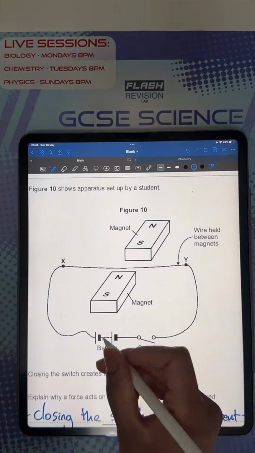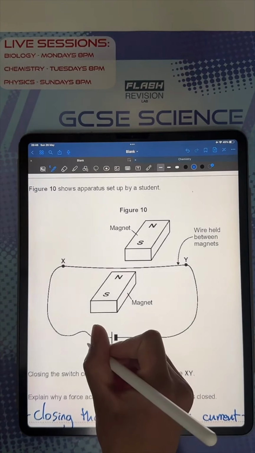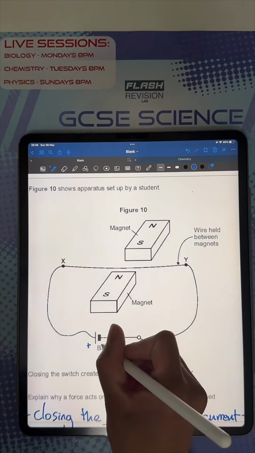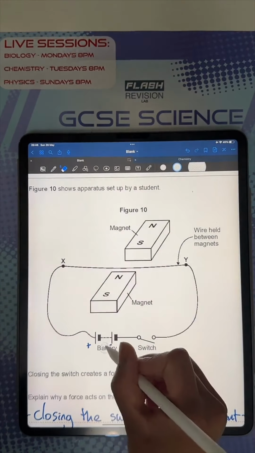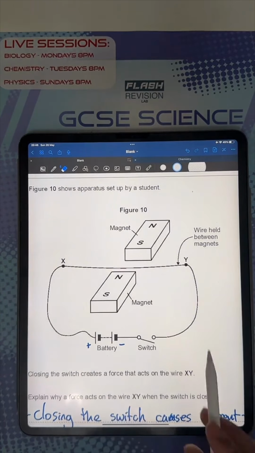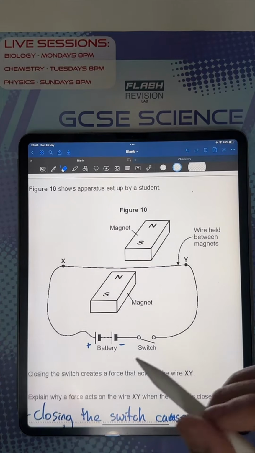In a battery, the longer side is the positive side. The shorter side is the negative side. So which way is it going to move, clockwise or anti-clockwise? The current is going to move clockwise.